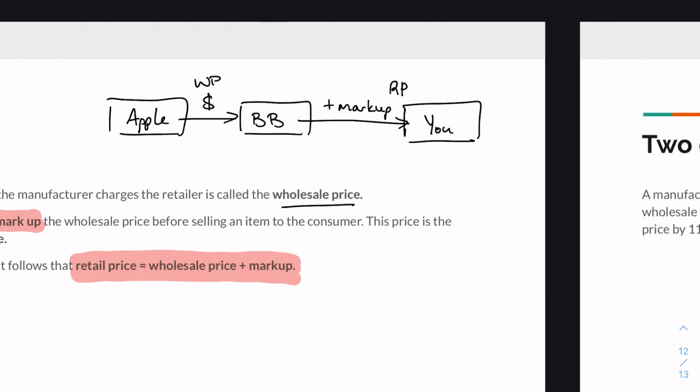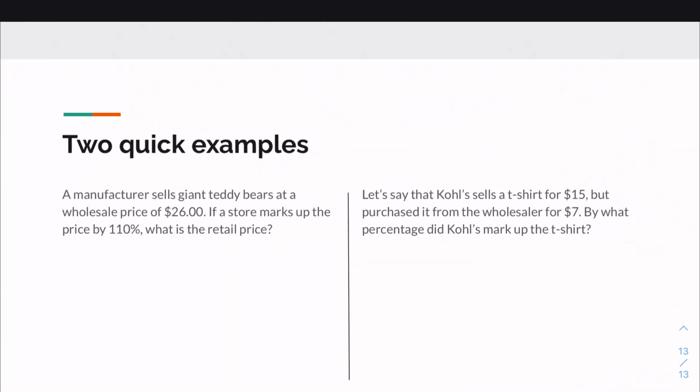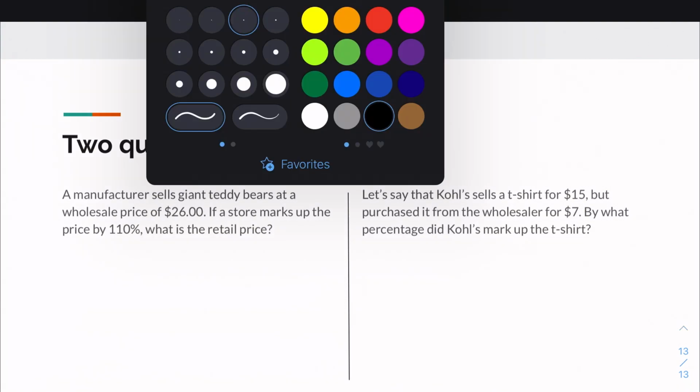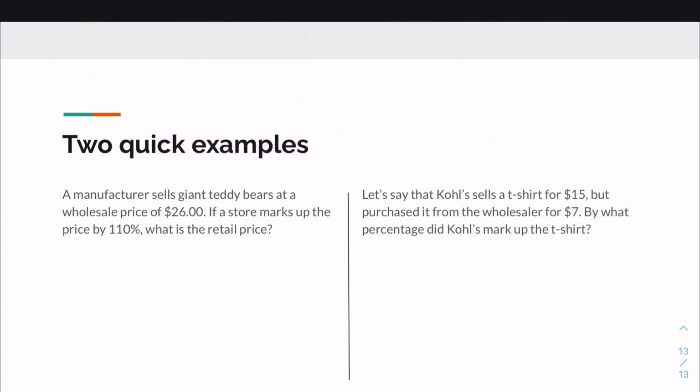These problems are really not any more difficult than just simple percentage problems. So two quick examples. If a manufacturer sells these giant teddy bears at a wholesale price of $26, the store is going to mark up the price by 110%. So I want to know what the retail price is. All right, well, I should probably figure out what my markup is. How much in actual dollars am I marking up my price?